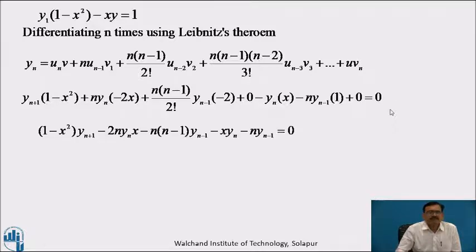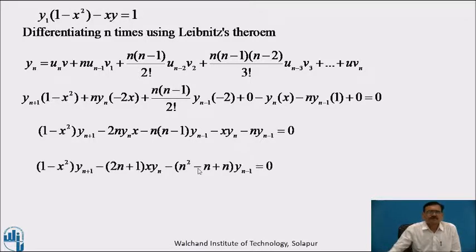Further we can simplify, that is, 1 minus x square into y suffix n plus 1, and here minus 2n x into yn, that is, minus 2n y suffix n into x, and here 2 factorial into 2 by 2 factorial will get cancelled, minus n into n minus 1 into y suffix n minus 1, and here minus x yn minus n yn equal to 0.